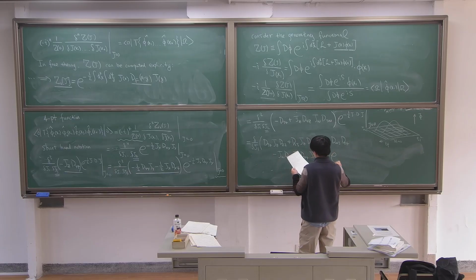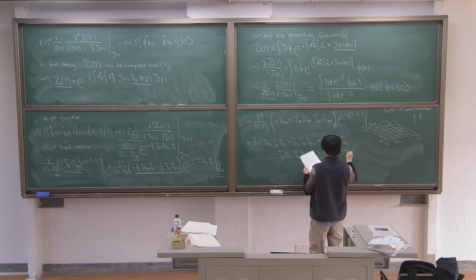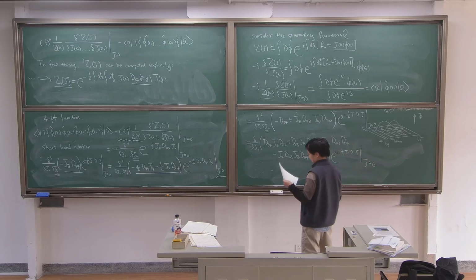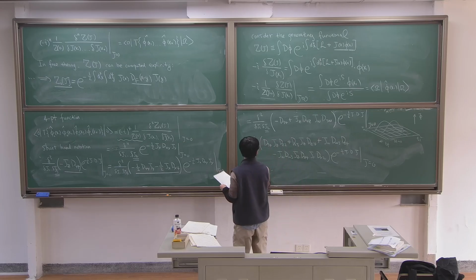Yeah, we have too many terms, so half JDJ, eventually J equals 0. Okay? And we're almost done.